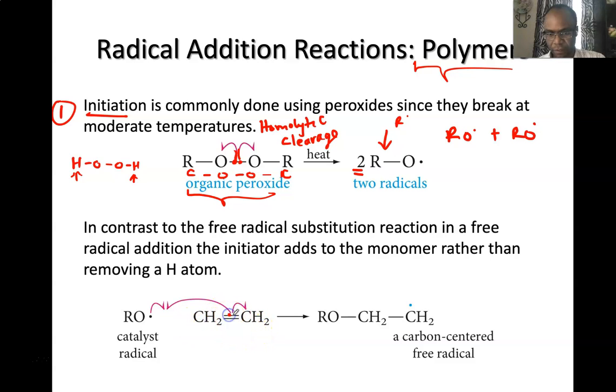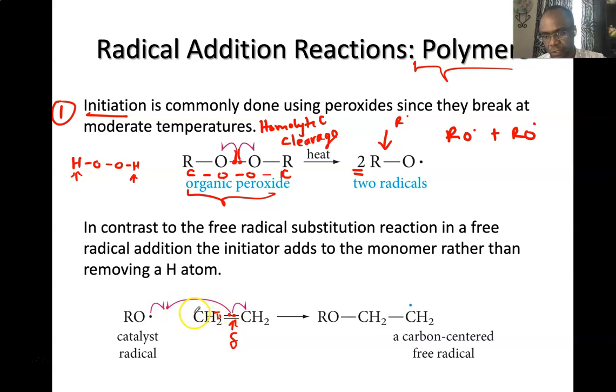You do the same thing. The pi bond, this is a sigma and the other one's a pi. The pi is the weakest of both, because it's formed by side-side overlap rather than head-head overlap for the sigma. So that's the one to open up. Again, use fishhook arrows because you're moving 1 electron.